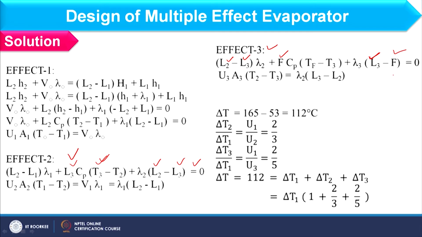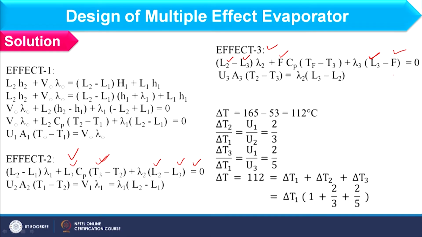So, what is the meaning of this? If I consider these two equations of enthalpy balance of effect number 2 and 3, I can say that the only unknowns are L2 and L3, right. So, here I am having two unknowns and two equations.